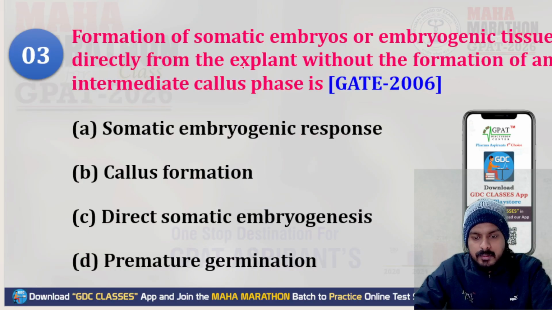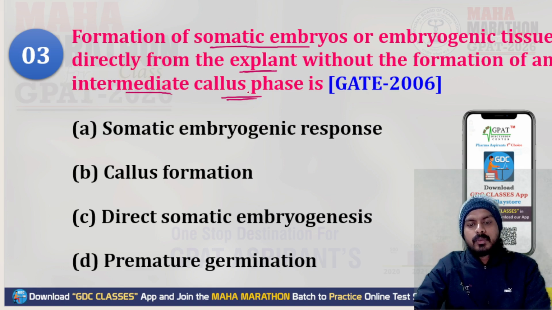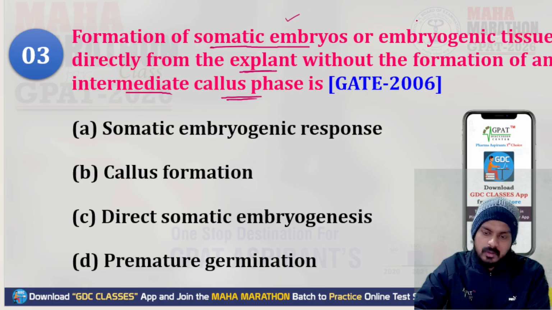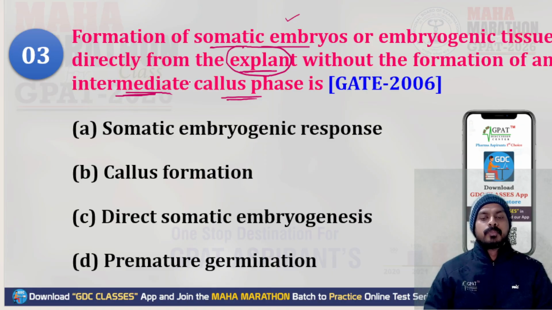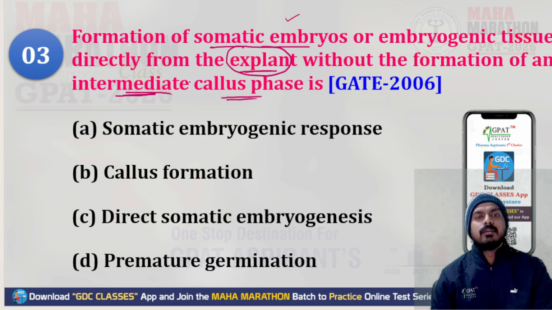Next question: formation of somatic embryos or embryogenic tissue directly from the explant, without the formation of an intermediate callus phase, is called what? It says that from an explant, somatic embryogenesis occurs directly without forming any intermediate.